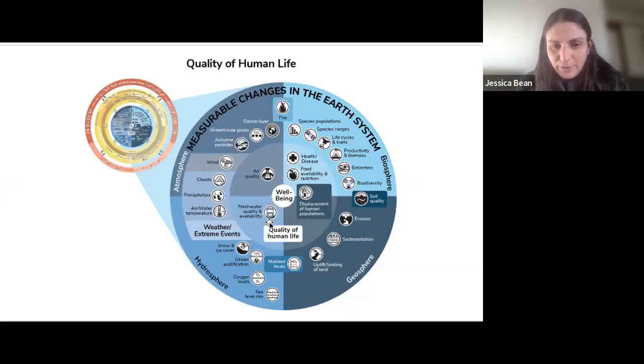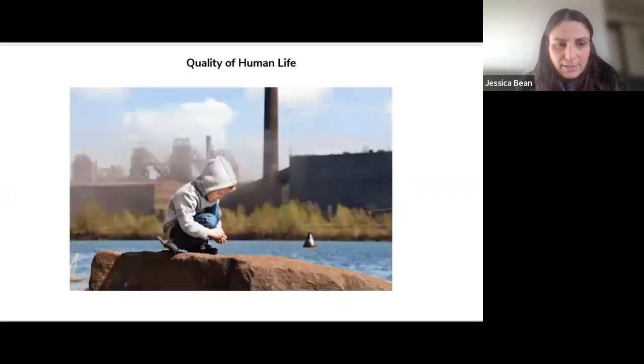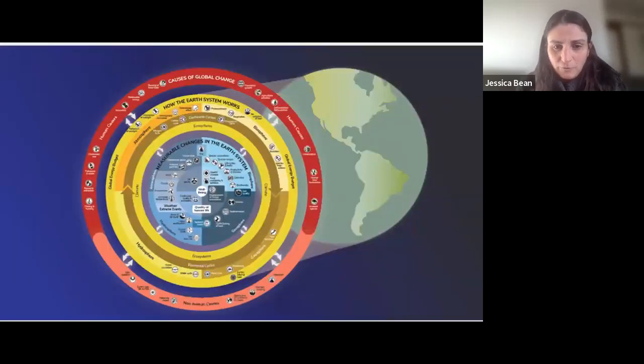And so these things most directly affect our quality of human life, our well-being, and really the well-being of the planet and other ecosystems. So we have a lot of choices about how we're going to think about our system and what role we play in our system that determine the quality of human life now and for generations to come.